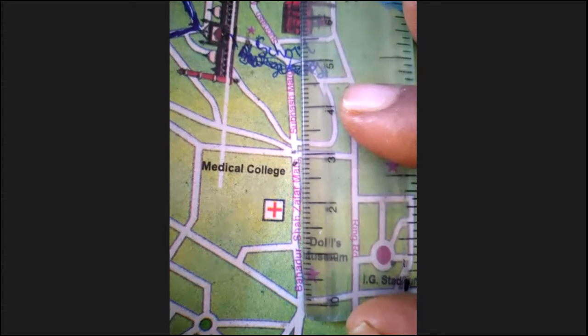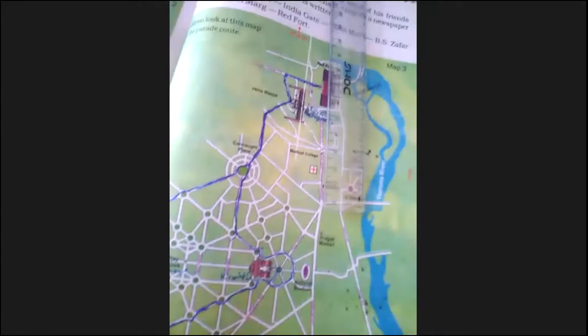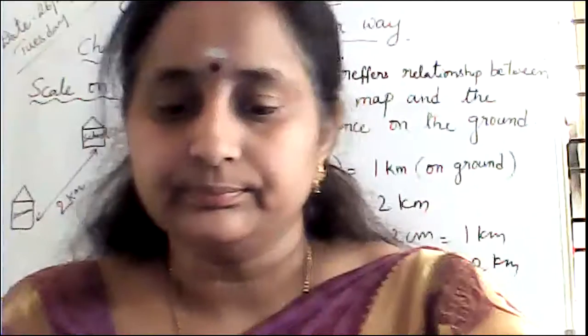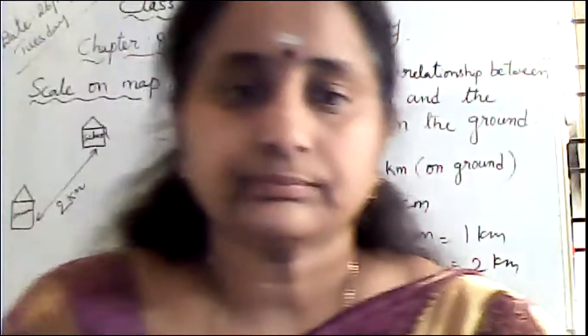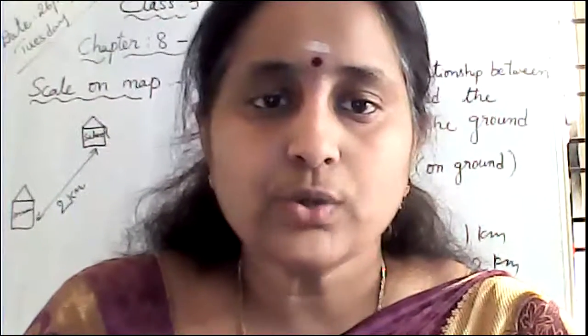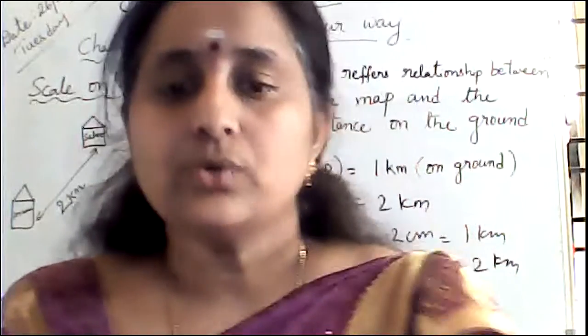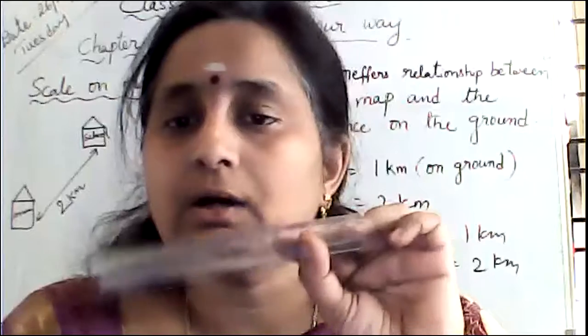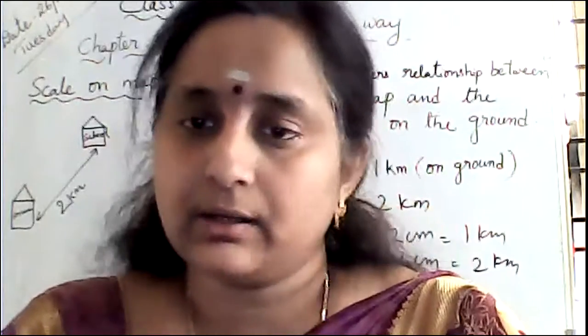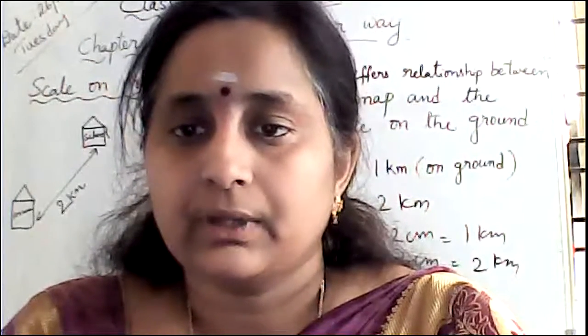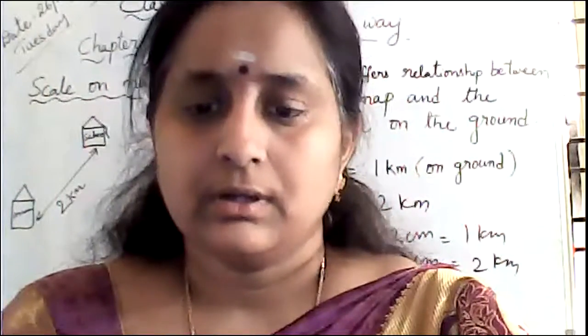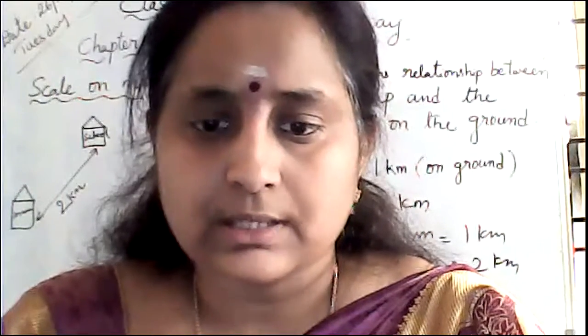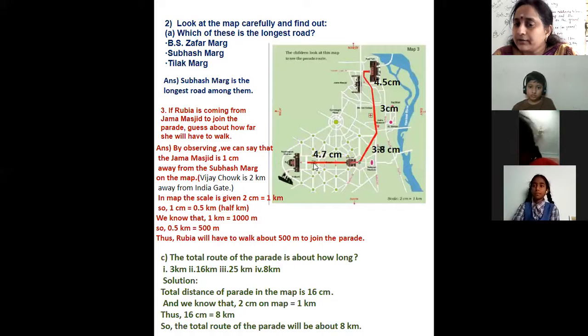So like this, what you have to do is, using a scale from the textbook, find out the measurement. 2 centimeters means 1 kilometer, isn't it? Now here, Vijay Chowk to India Gate is 4 centimeters.